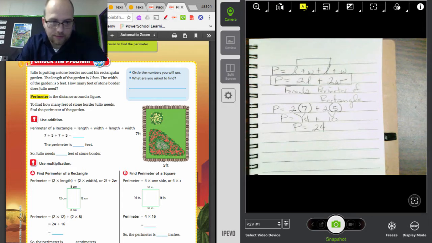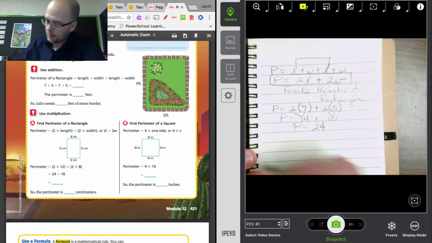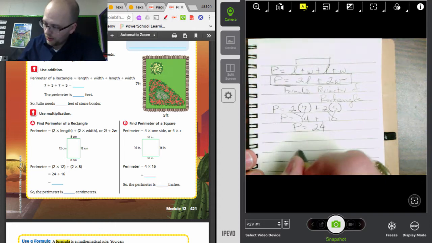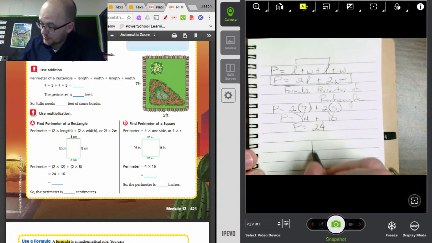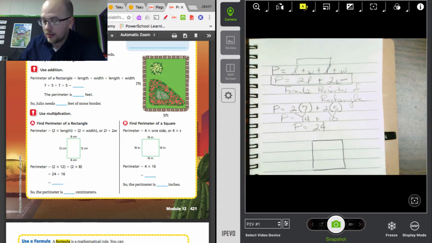of the rectangle. Now, what if your rectangle happens to be a square? That's this one right here. When we use multiplication, and we have a square that has sides of 16. Well, what's special about a square? Did you know that a square is actually a special rectangle? I'm sure you knew that.